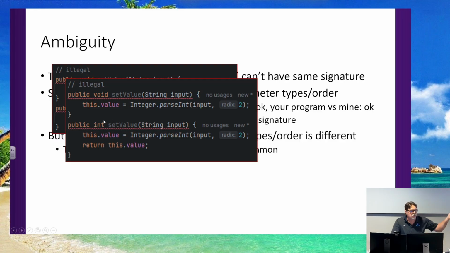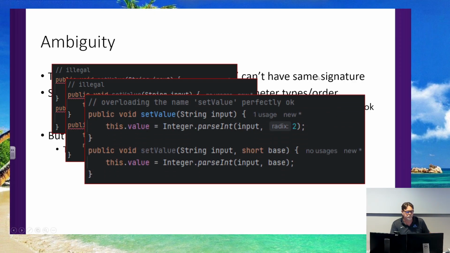So changing the return type from int to float to void does not make it unambiguous. Because again, the compiler has scenarios where it's like, I don't know which one you want me to call. So that doesn't fix it. You can change the name of the method, or you can change the types of the parameter list to be unique, and that's the way that you get away from it.